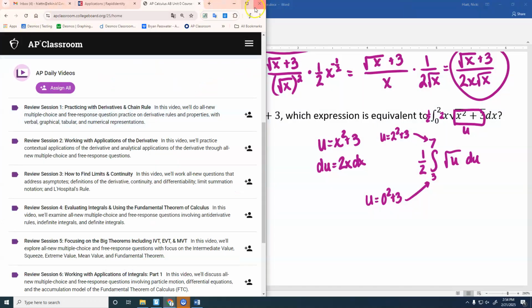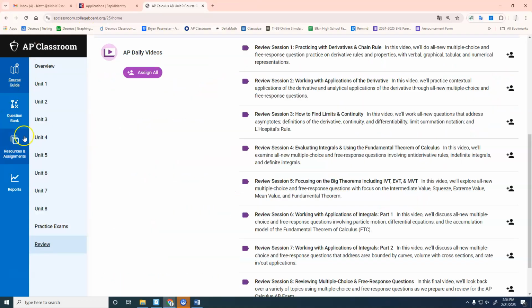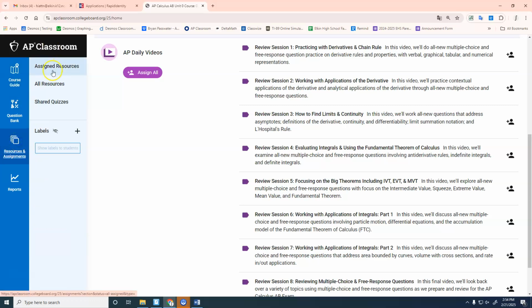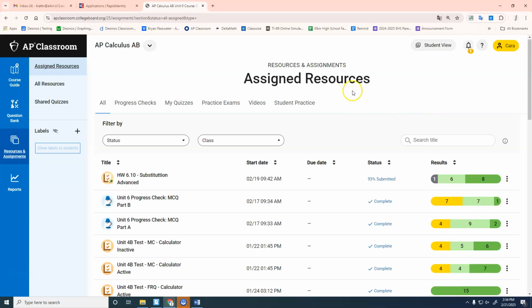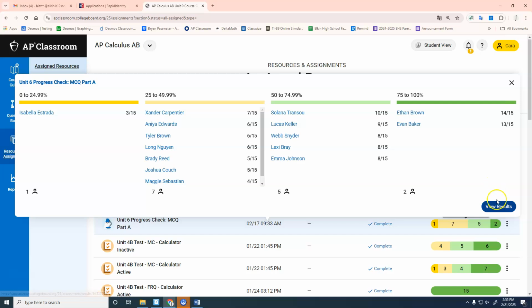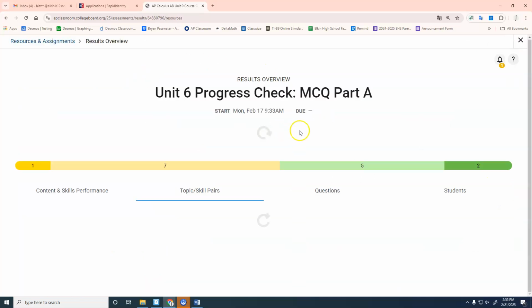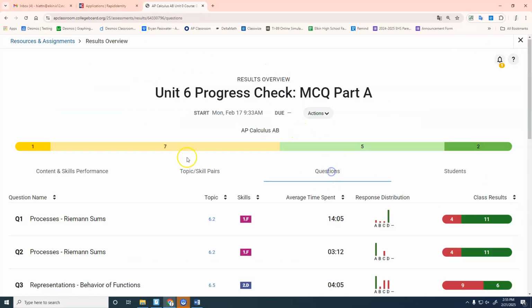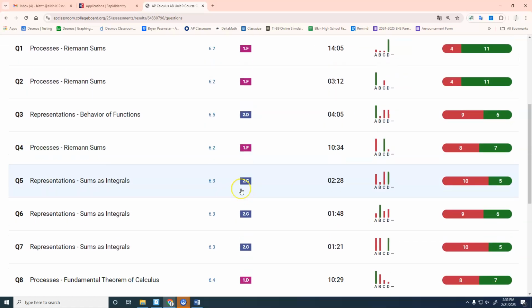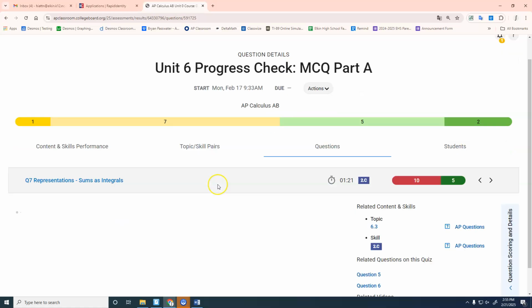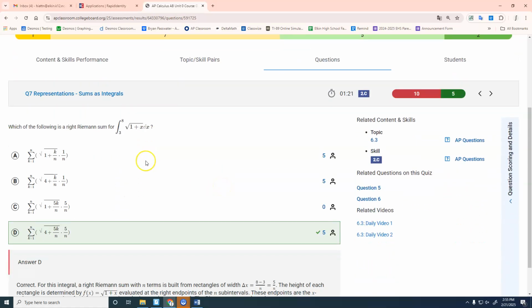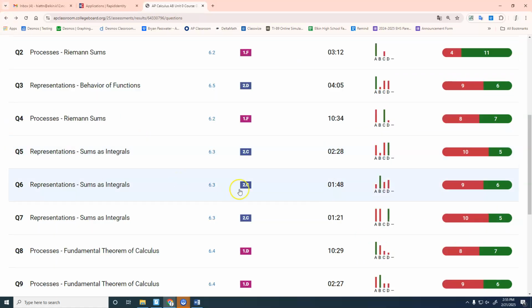Let's look at some of the ones we were missing on the progress check. Let's see. I'm not going to spend any more time on Riemann sum integral sort of stuff.